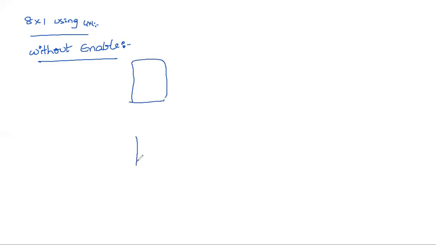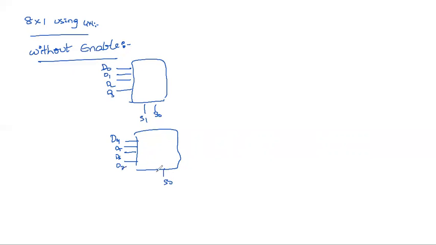Means I want two 4 by 1s. First 4 is D0, D1, D2, D3, right? Second 4 is D4, D5, D6, D7. So this is S0, S1, S0, S1. This is 4 by 1.